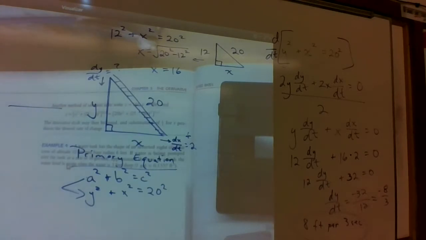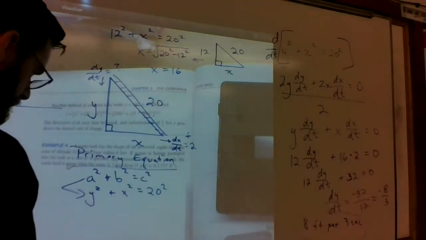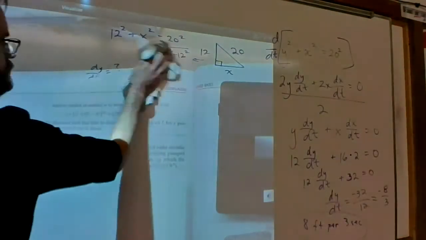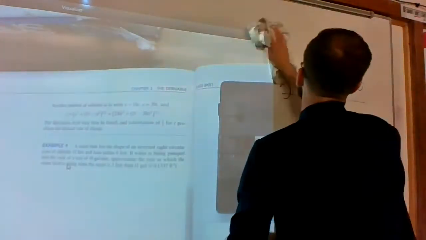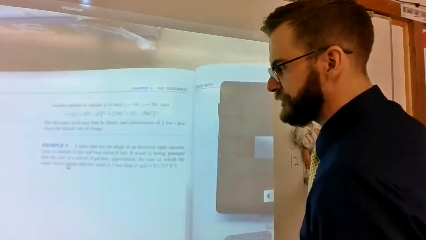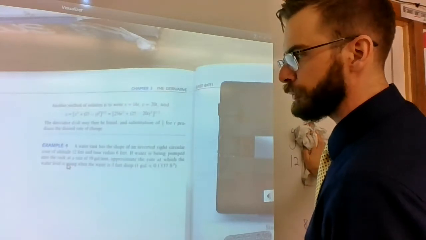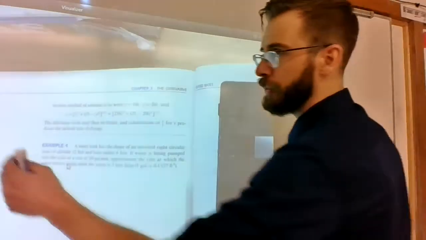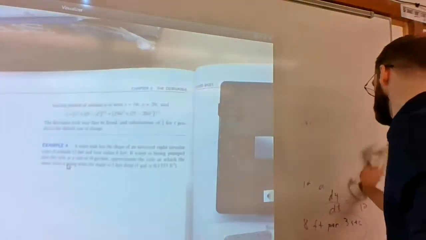Okay, example 2. A water tank has the shape of an inverted right circular cone of altitude 12 feet. If you can't read this, go to page 156.